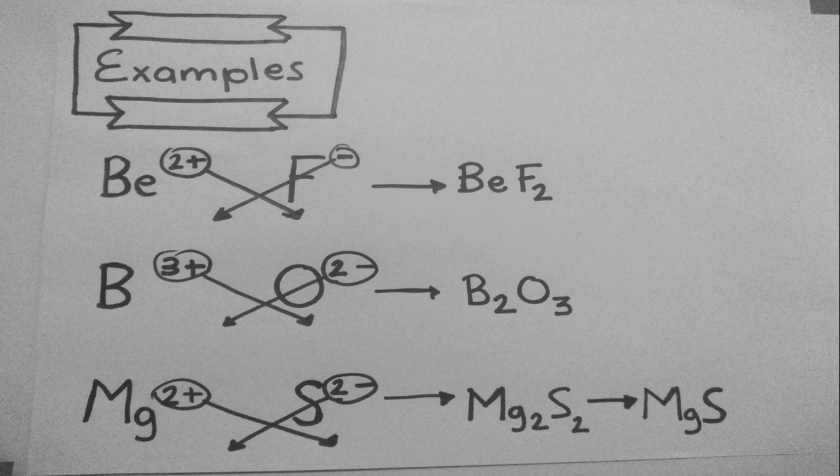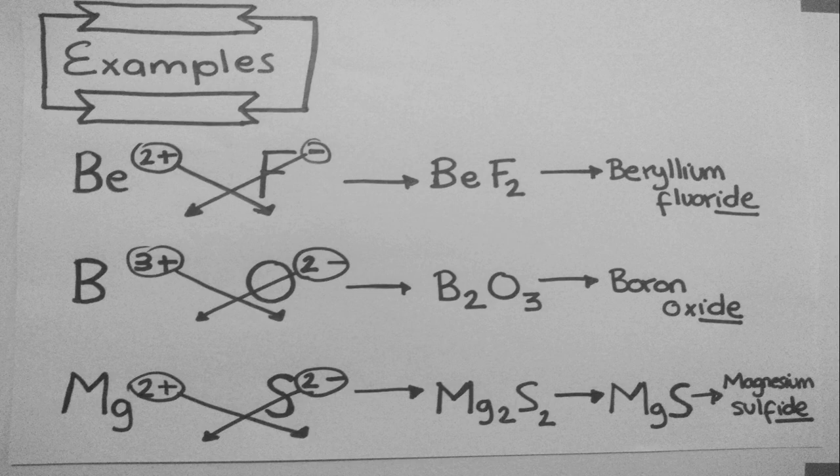For example, fluorine, we're going to change the I and E for IDE. So instead of being fluorine, it will be fluoride. The same for oxygen, it will be oxide. And the same for sulfur. Instead of sulfur, it will be sulfide. So these are their names: beryllium fluoride, boron oxide, and magnesium sulfide.